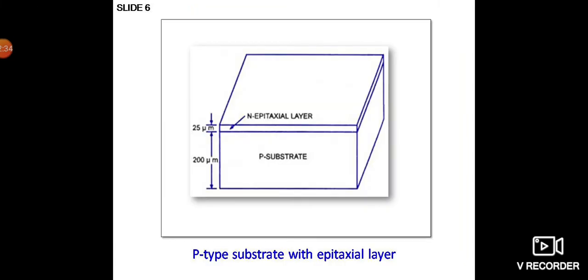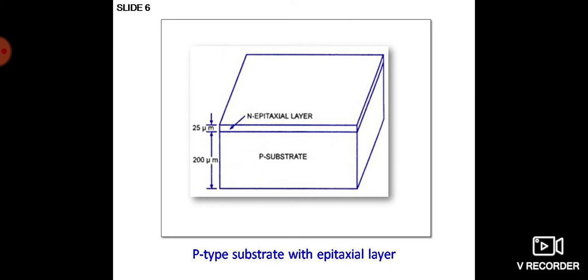Here in this figure you can see that an N-type epitaxial layer is grown over a P-type substrate. Note that both these P and N-type layers are of silicon. The substrate thickness is 200 micron and the thickness of the epitaxial layer in this case is 25 micron, or micrometer. Both micron and micrometer are the same thing.